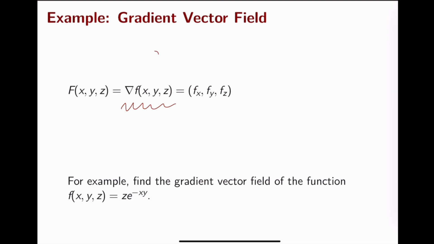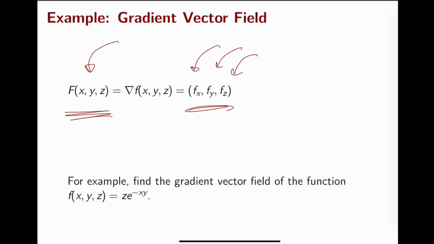I mean, small case f is a function of 3 variables with values in R. We have seen those functions before, where we can calculate the partial derivatives, the directional derivatives, etc. Well, if we calculate the gradient of this function, meaning the derivative with respect to x, y, and z, that is an example of a vector field, because it's a function, capital F now, that to each point in the space x, y, z associates a vector, and this vector is given by the partial derivatives with respect to x, y, and z.